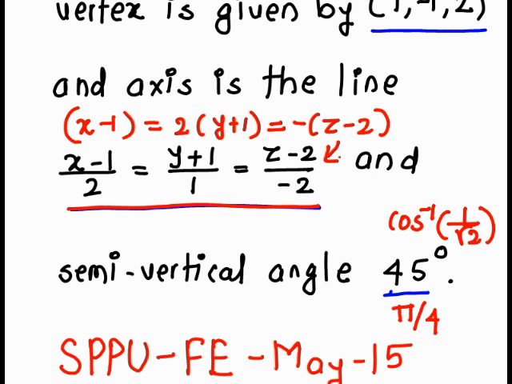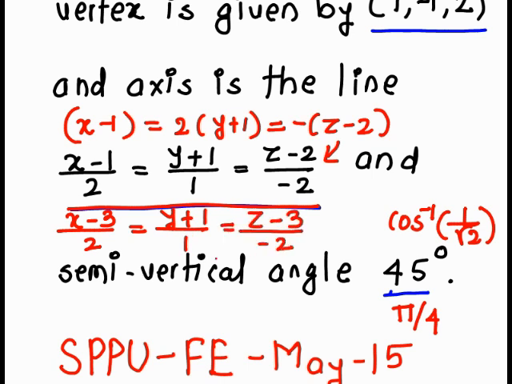One more thing, you can also write the axis as a line parallel to the line. So you can write the new equation of an axis like x minus 3 upon 2 is equal to y plus 1 upon 1 is equal to z minus 3 upon minus 2. Remember, this value has to be similar to the previous one. So this gives another new question, the fourth new question.